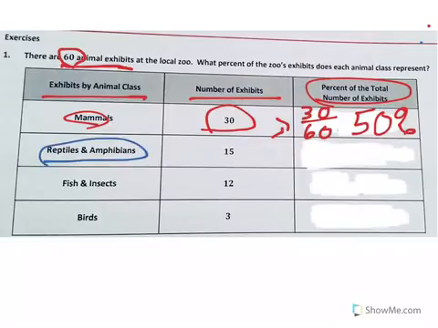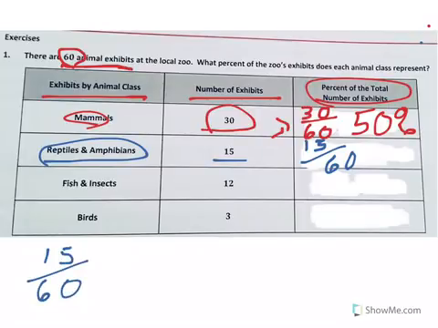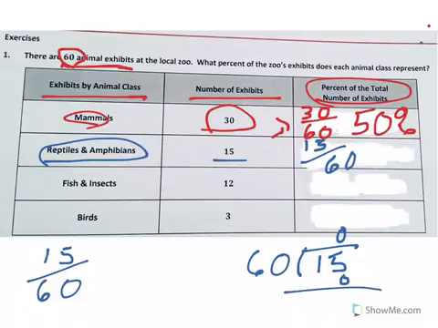Reptiles and amphibians, there are 15 reptiles and amphibians. That would be 15 out of 60. So if I look at 15 out of 60, I can do that a couple of different ways. One, I could actually divide 15 divided by 60. 60 does not go into 15. It goes 0 times.